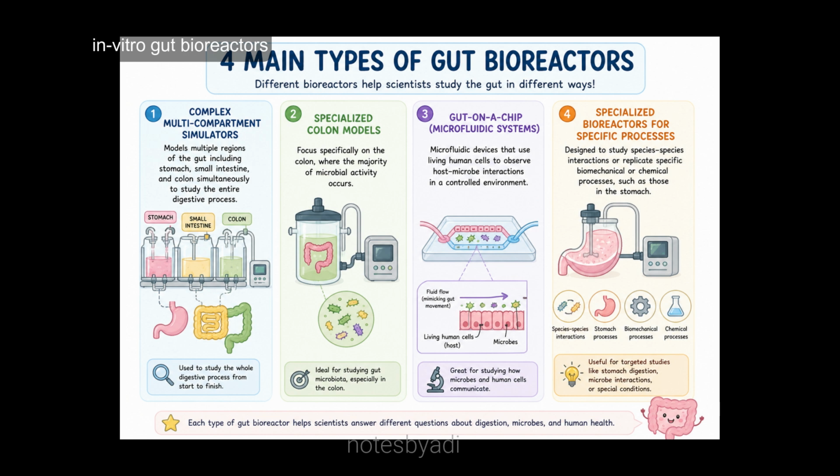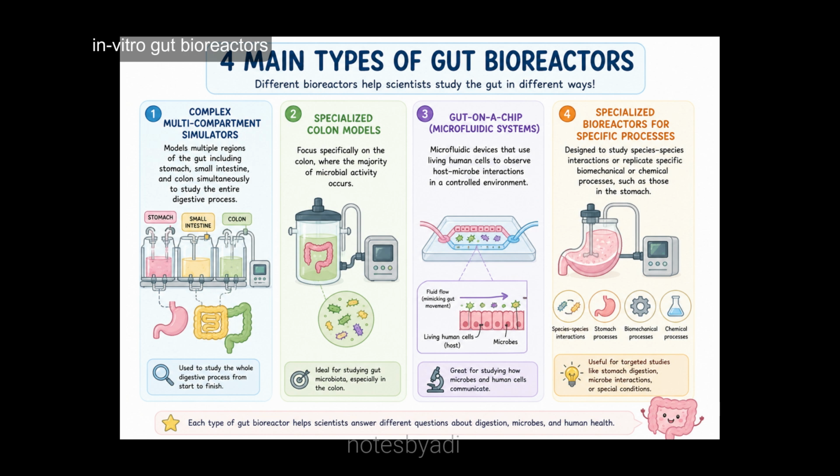They can also be gut on a chip, which involves microfluidic systems to use living human cells and observe any host to microbe interactions. And finally, there could be specialized bioreactors to study species to species interactions or to specifically replicate biomechanical or chemical processes in the stomach.